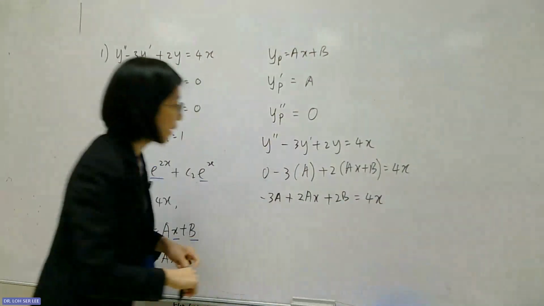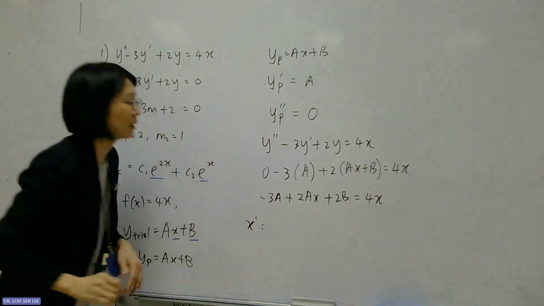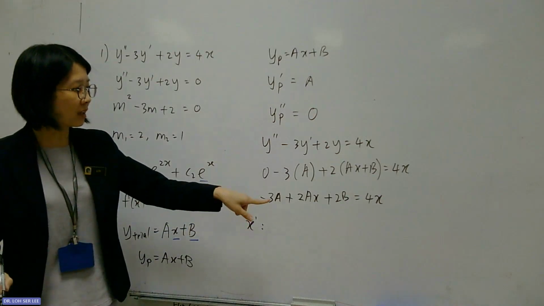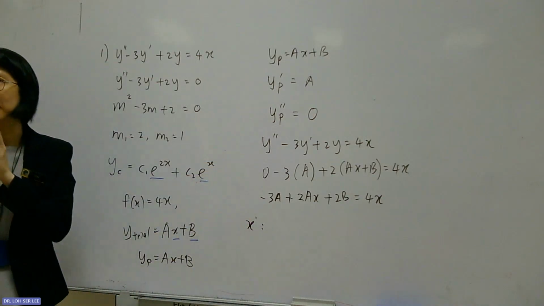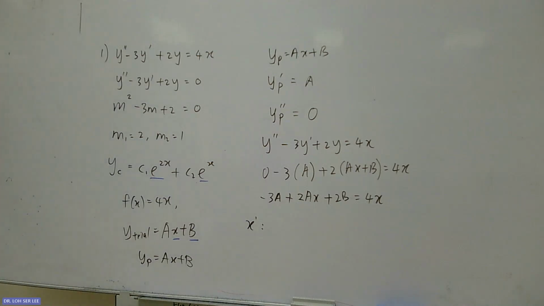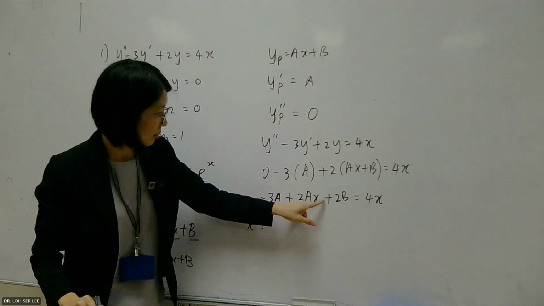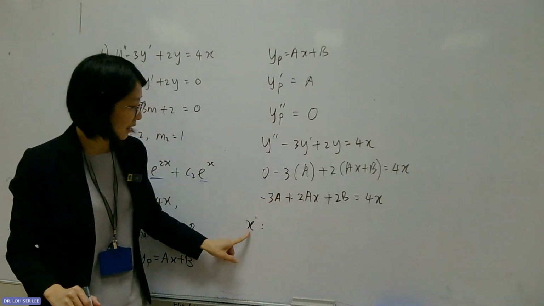And now we will compare the coefficient function of x power of 1. So what do you have on the left for x power of 1? We look at the coefficient function. The one with x, there's only one term that contains the x.